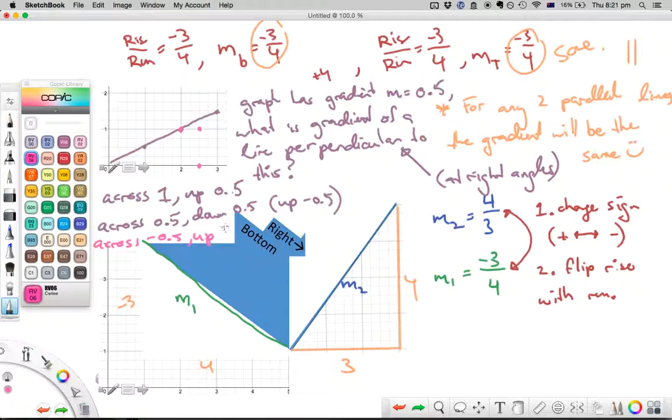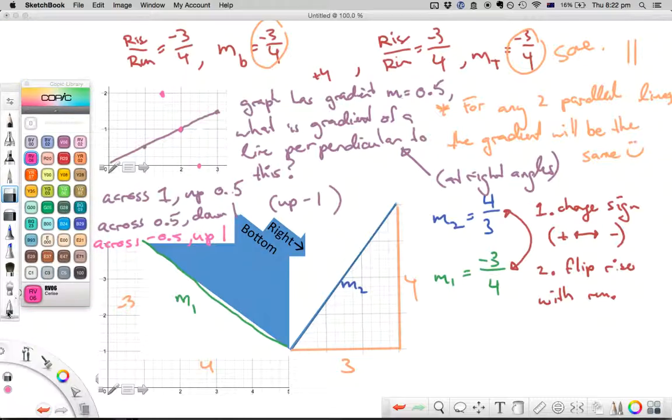I've just misspoke again. This should be down 1 or up negative 1, shouldn't it? Down 1, up negative 1, or if we go across negative 0.5, we have to go up 1. I'll delete that point again as well, because that's a bit confusing too.